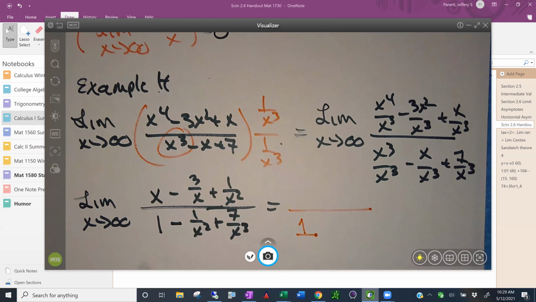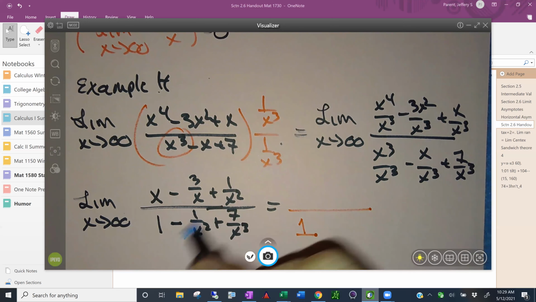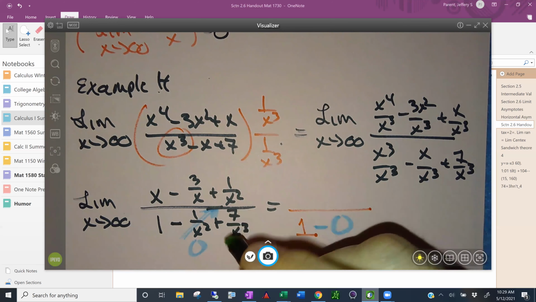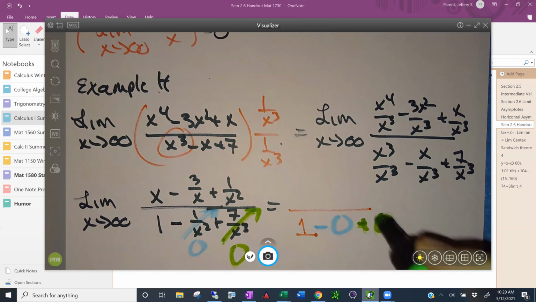As x approaches infinity, what happens to 1 over x squared? 0. Will it go to 0? Yep, it's going to go to 0. So this is minus 0. And then over here, 7 over x cubed, that's going to get to 0 even faster. So a plus 0 there.